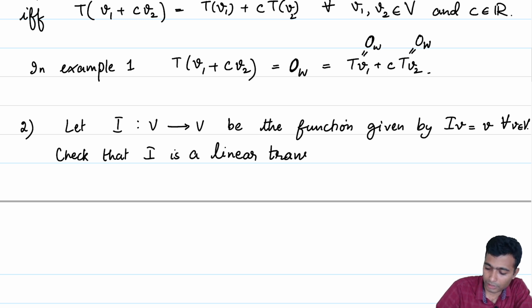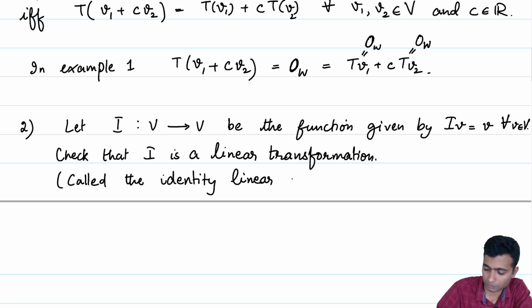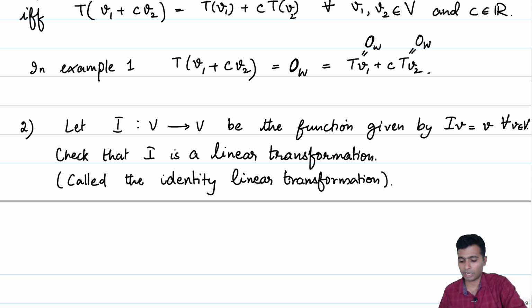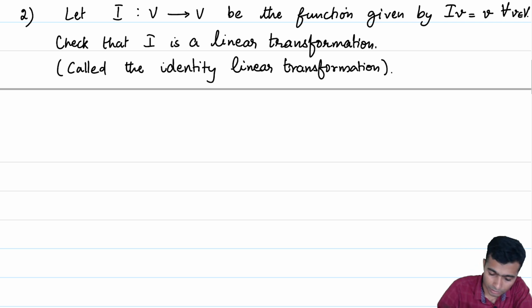This particular linear transformation I is called the identity linear transformation. So these are two very important and very straightforward examples that we should immediately look at, and let's now look into slightly more interesting examples.